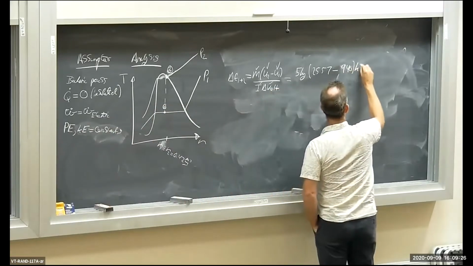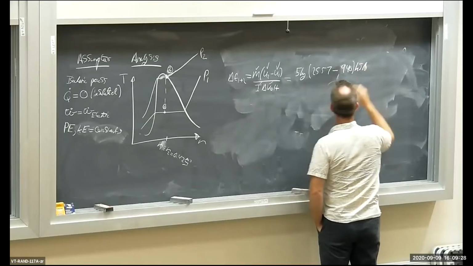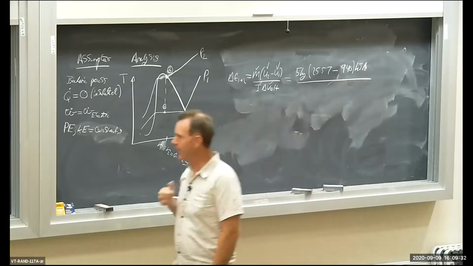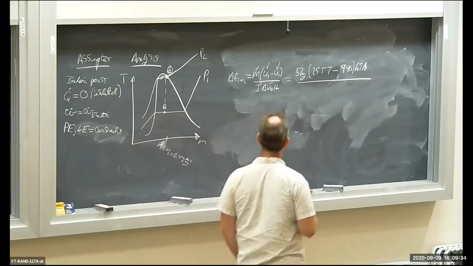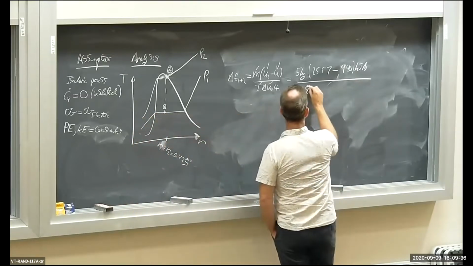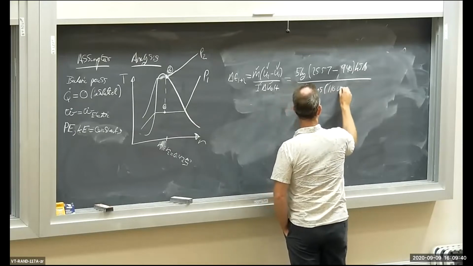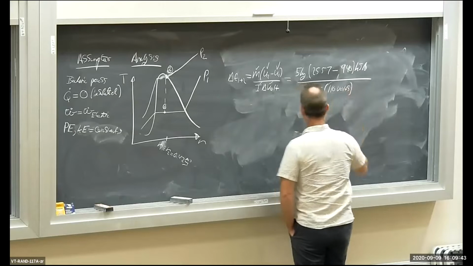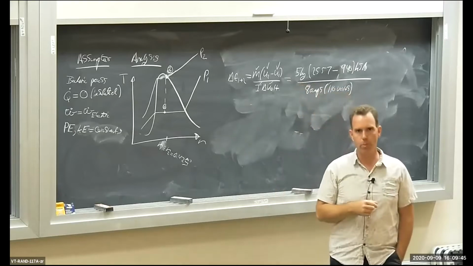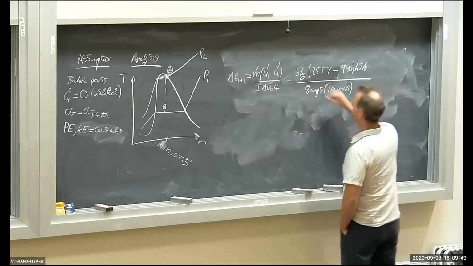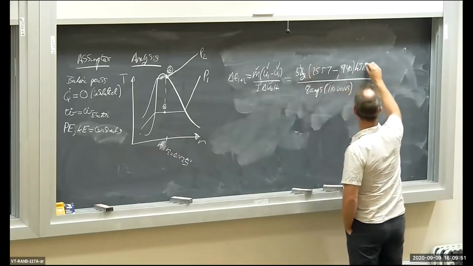And this has units of kilojoules per kilogram. The current was 8 amps and the voltage was 110. So 8 amps times 110 volts, and amps times a volt gives you a joule per second. So notice the kilograms cancel out here.